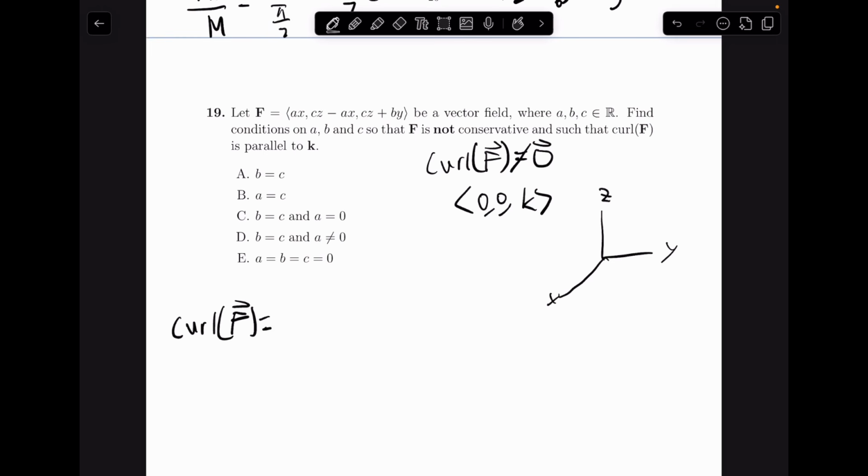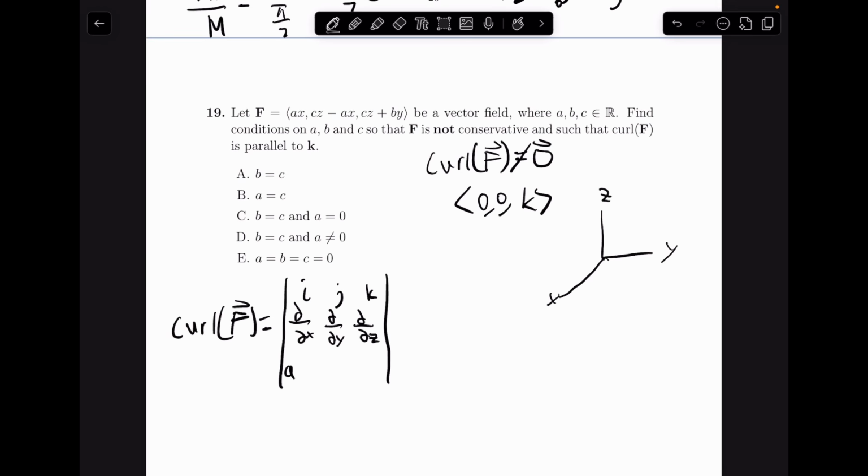So curl F is going to be equal to, remember that determinant-looking weird thing that no one really likes: i, j, and k, then d/dx, d/dy, and d/dz.